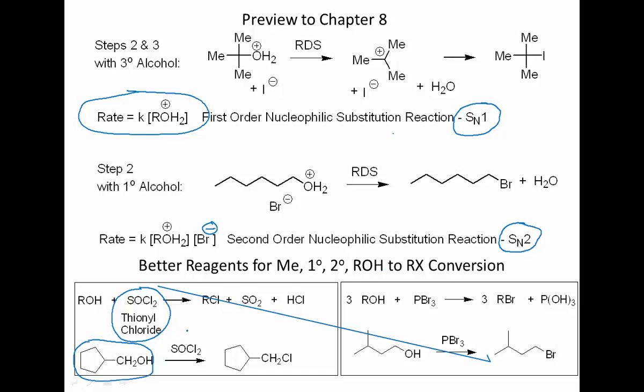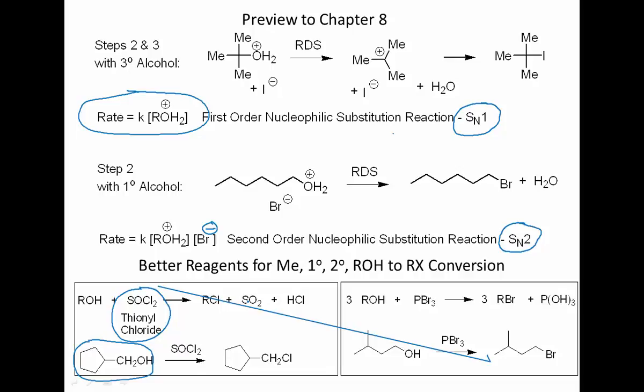Other chemists call us sloppy because we don't balance the equations, but nobody would use this reaction to make SO2. The only reason for doing this reaction is to make the alkyl halide. So we kind of focus on what's happening to the organic parts of the reaction equation.